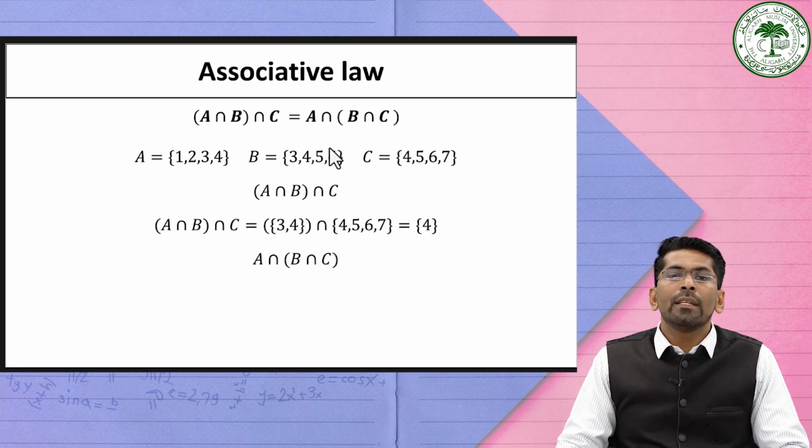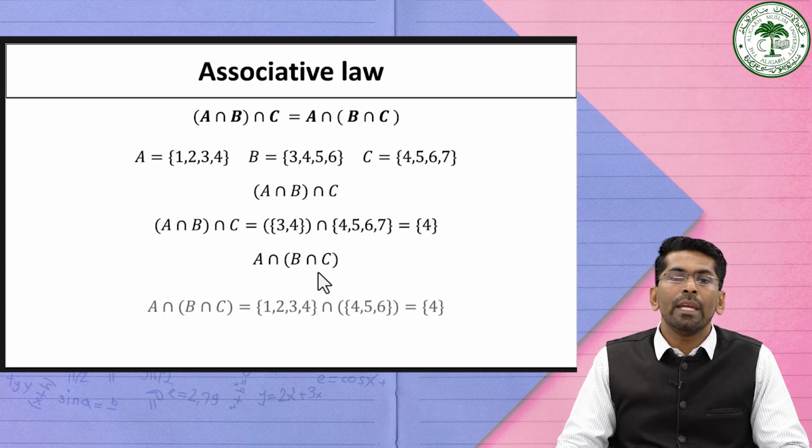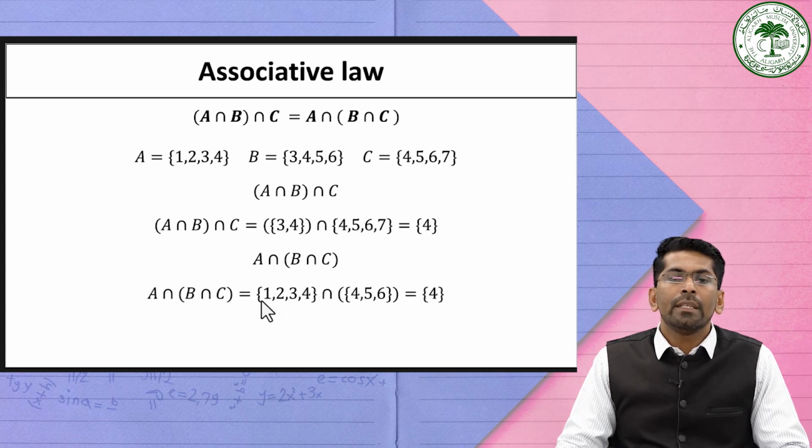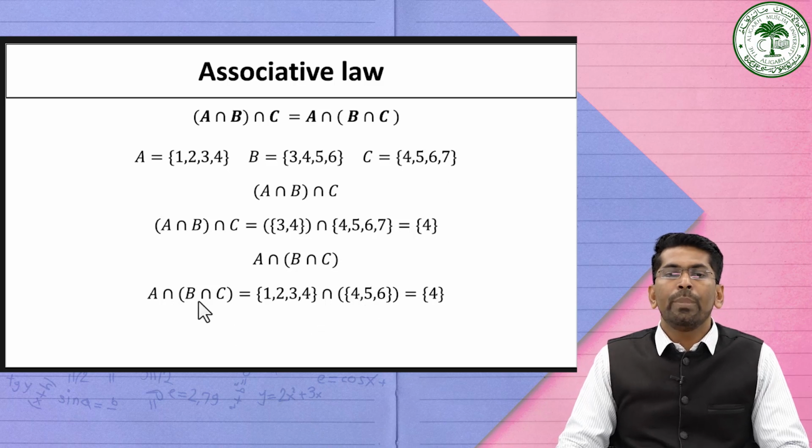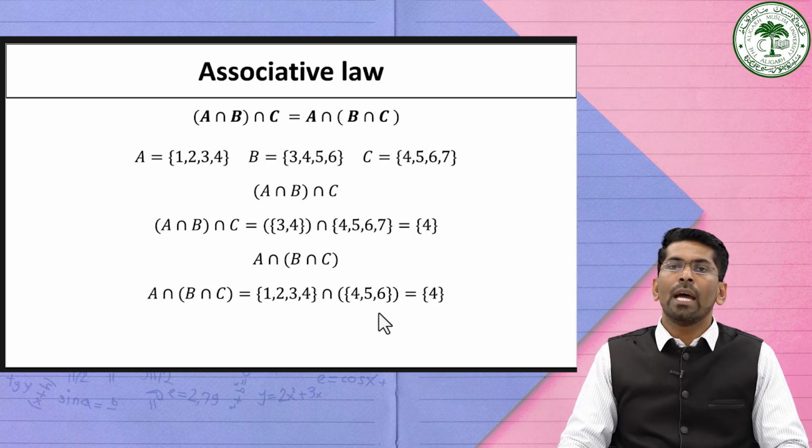Now we consider the right hand side, that is A intersection (B intersection C). First we consider B intersection C. What is B intersection C? Here 4, 5, 6 are common in both set B and set C, so B intersection C is {4, 5, 6}.